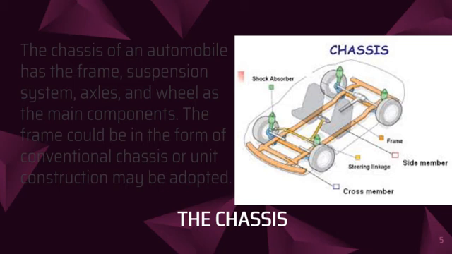In the unit construction type, there is no frame. The structure of the body of the automobile is first formed, and then different components such as the engine, transmission system, and the other parts are placed at suitable places in the body structure. The transmission system itself consists of a number of parts such as the clutch assembly, gearbox, propeller shaft, differential, and axles.